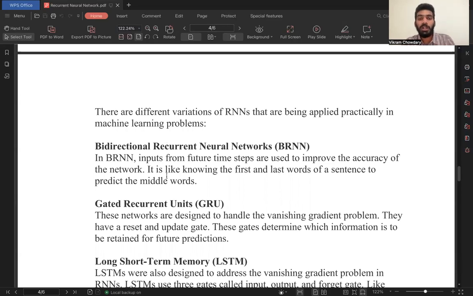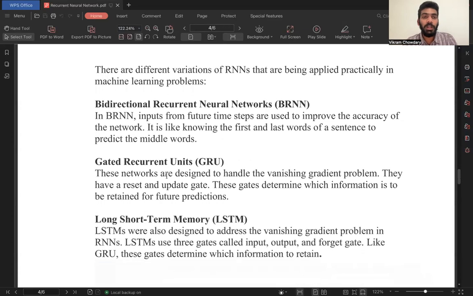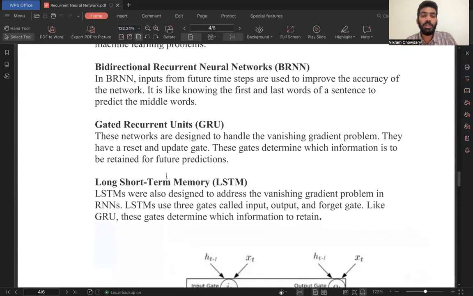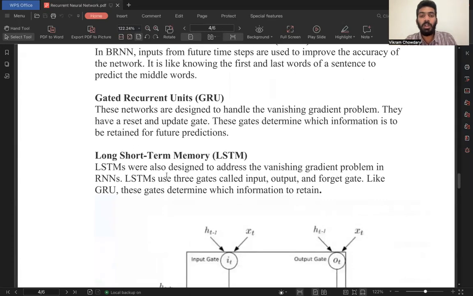Bidirectional neural networks take input from different steps, and coming to the long short-term memory, which can be abbreviated as LSTM.